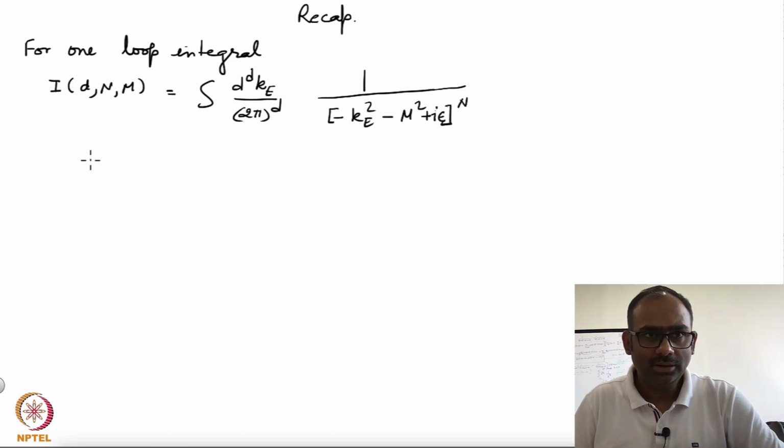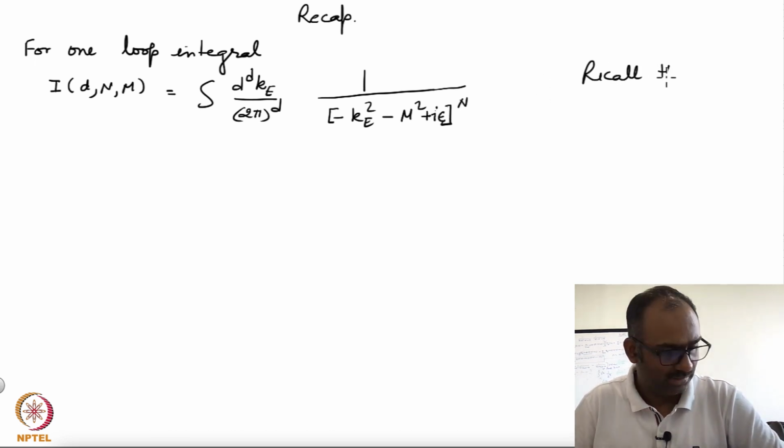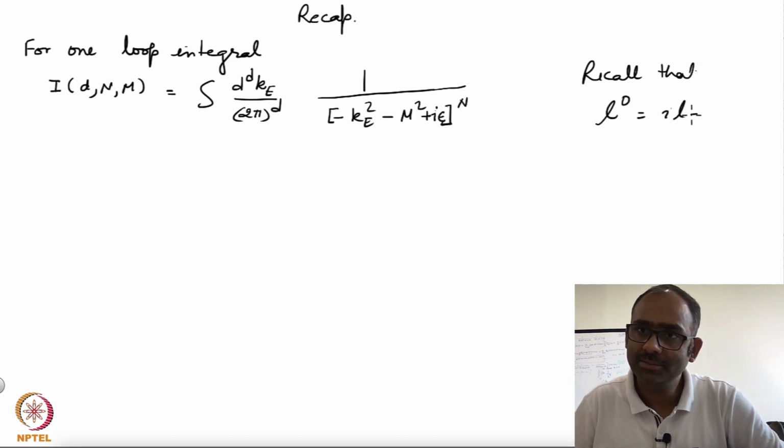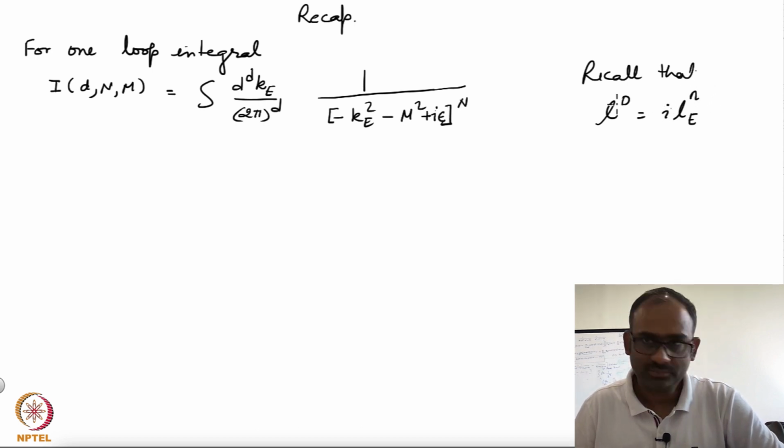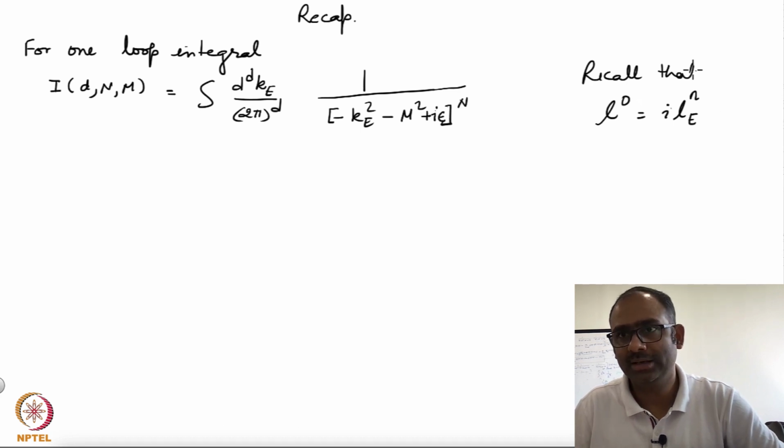Okay, and also recall that L naught was i times L Euclidean. In fact, it was the nth component. So, the 0th component in the Minkowski space, we call it the nth component of the vector L Euclidean. And the remaining spatial components here are identical.